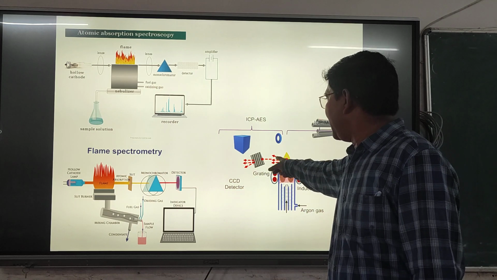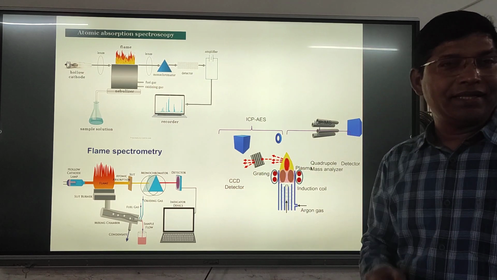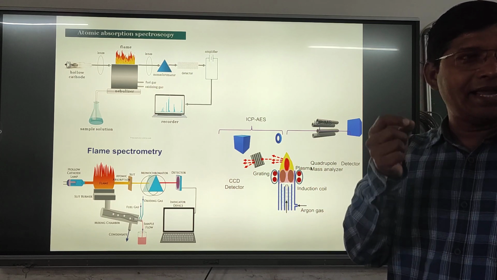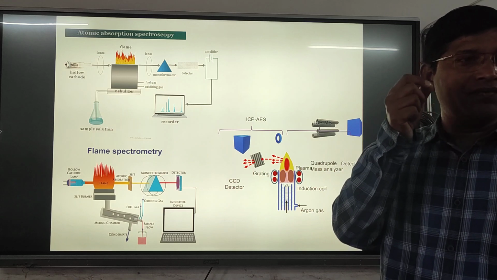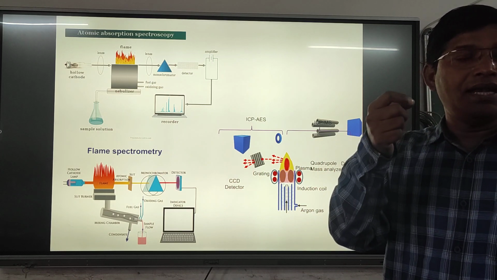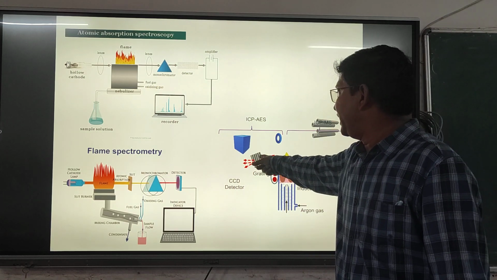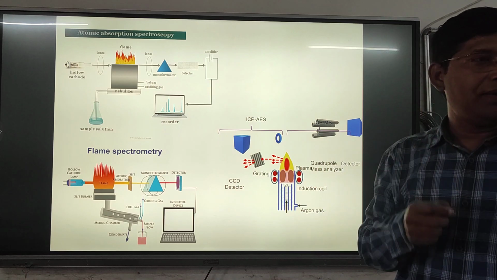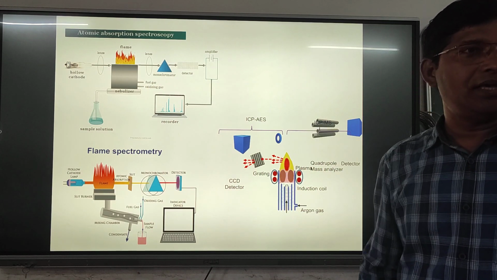In ICP-AES, the elements that get excited in the plasma emit a characteristic wavelength of light for each different element, and that is the way of measuring different elements in ICP-AES.